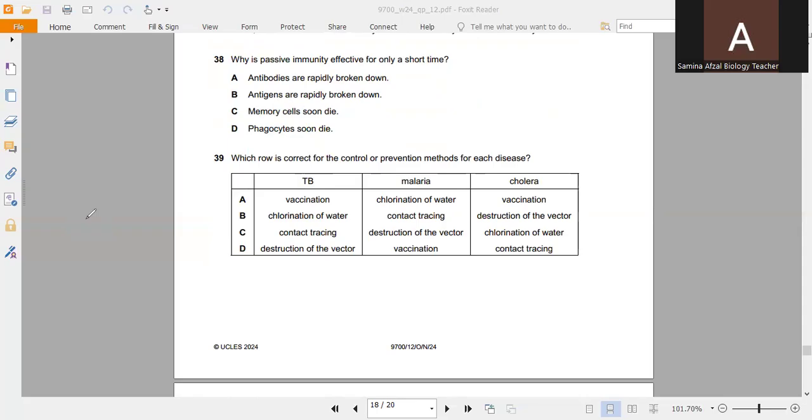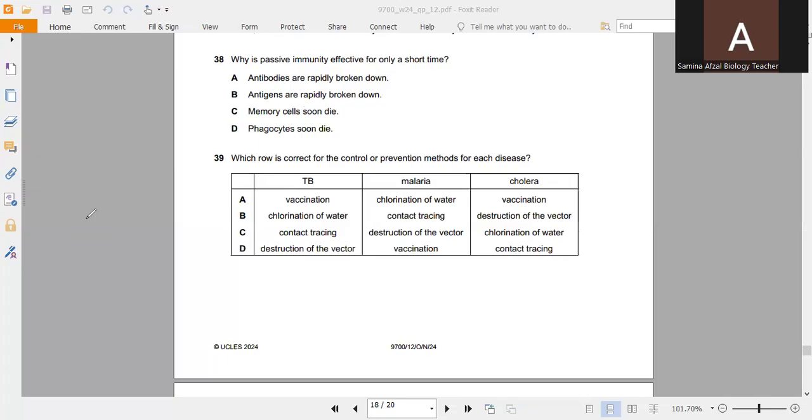So passive immunity has to be taken from other persons. For example, from mother to fetus. Secondly, when we take antibodies from any other person's body, that type of immunity is called passive immunity.